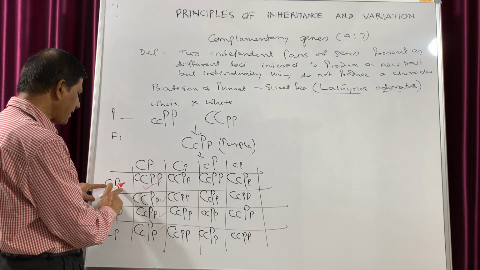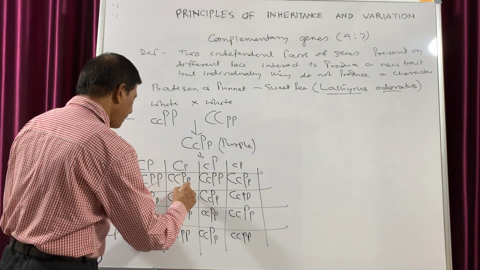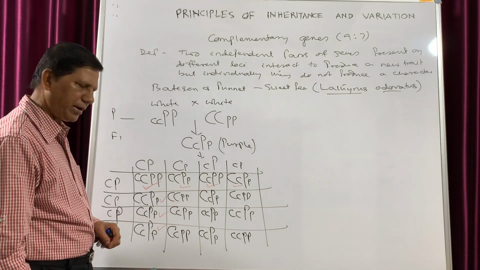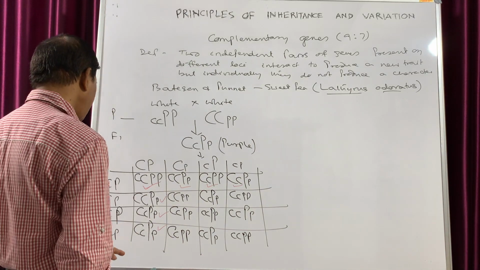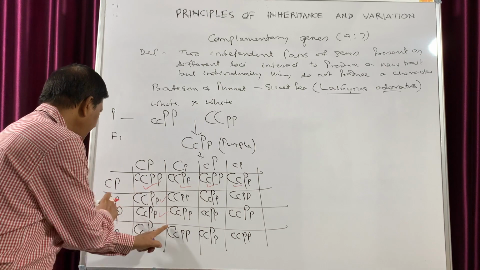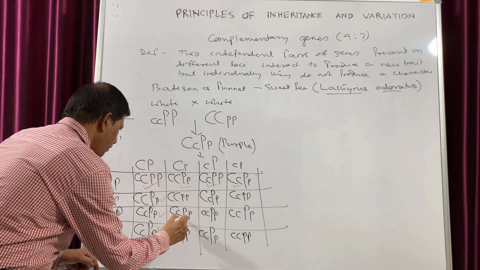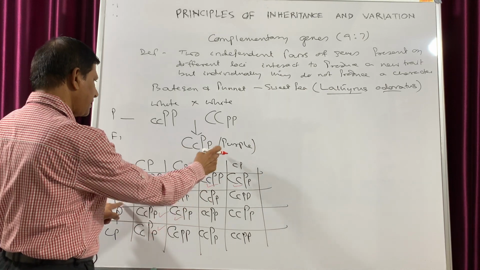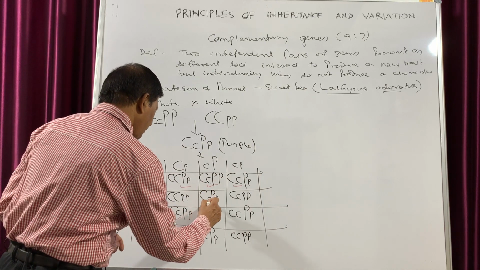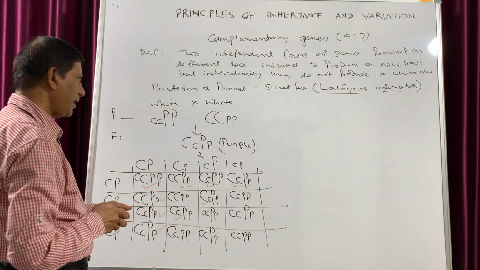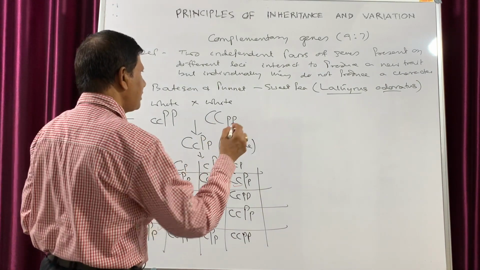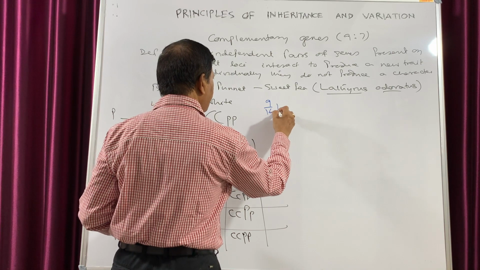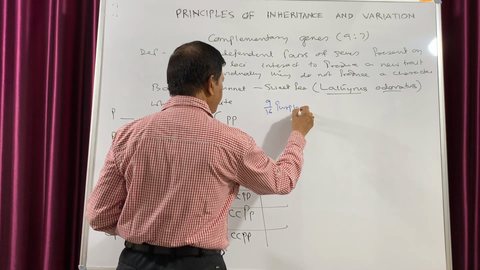Similarly here capital C, capital P are there, so they will also be purple in color, where I have given tick marks. Then again you see, here capital C is there, here capital P is there, and on this side capital C is there, this side capital P is there. So this 9, that means 9 by 16, are purple in color.